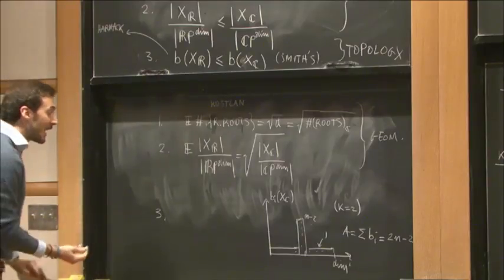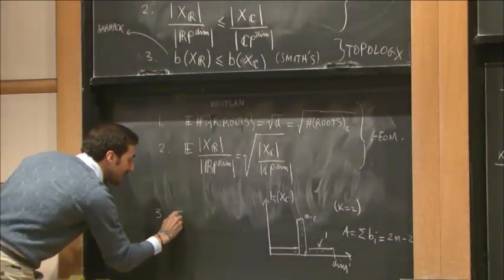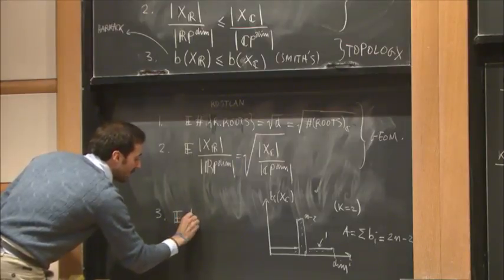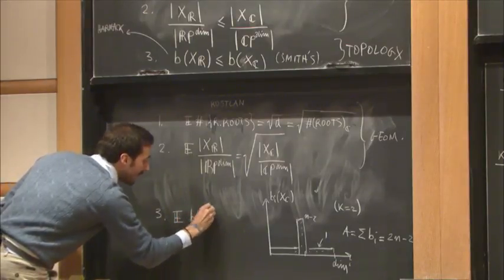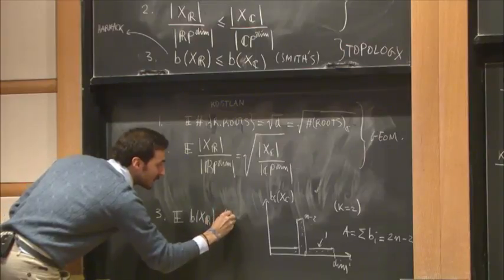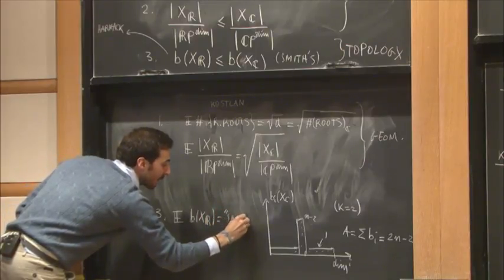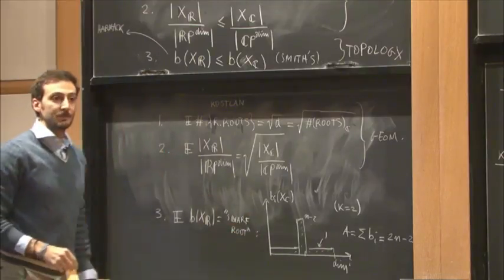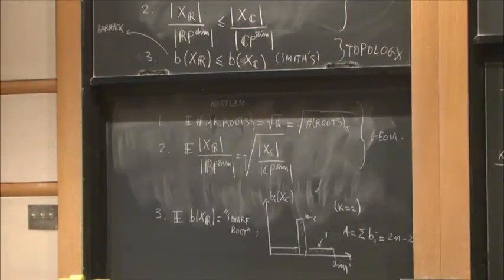So what I want to tell you now is that if I take expectation of the real part, what I get is ideally the square root of this picture. Let me tell you the result more precisely.